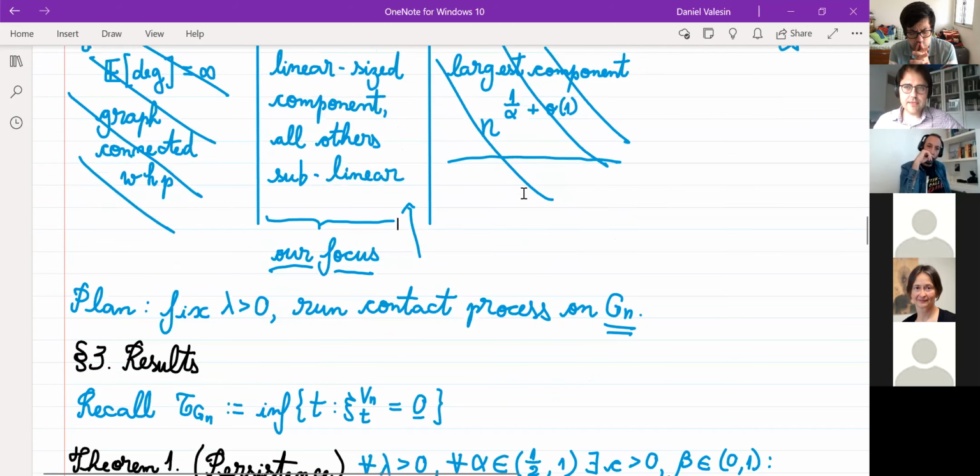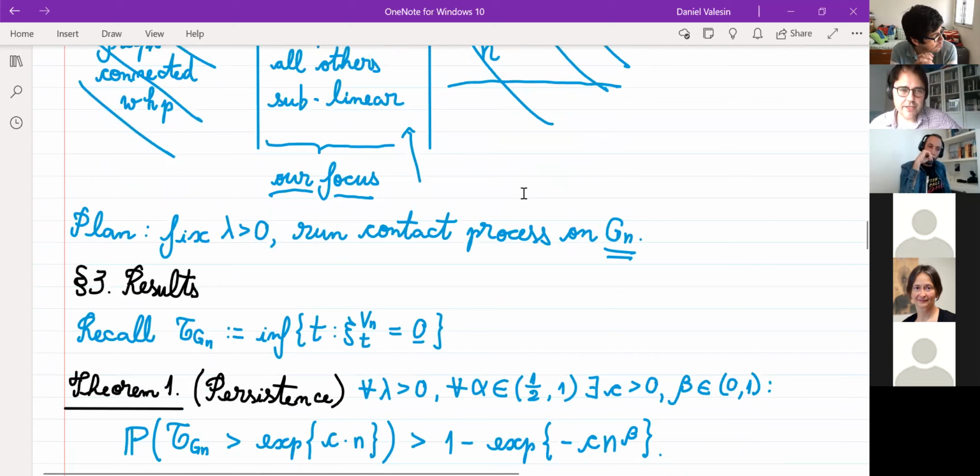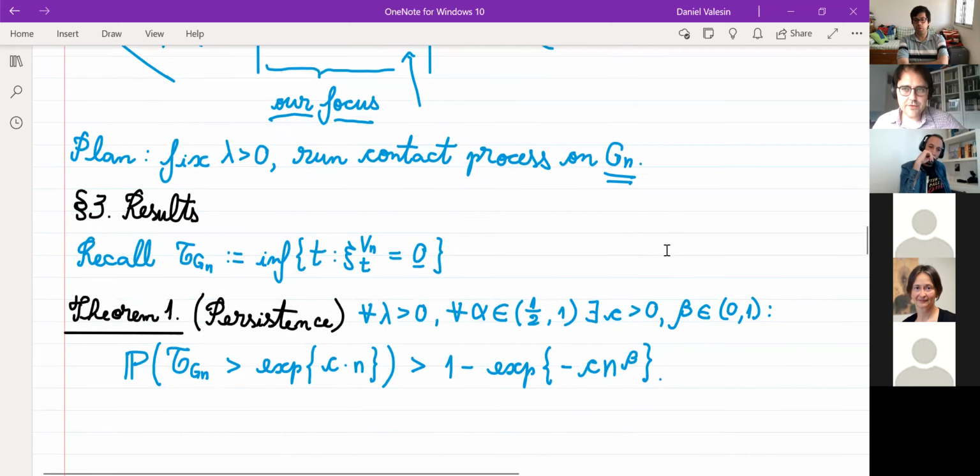For the results, I'm just reminding you here that tau of Gn denotes the extinction time of the contact process, and the first result is what I'm calling persistence. I could call it also metastability.